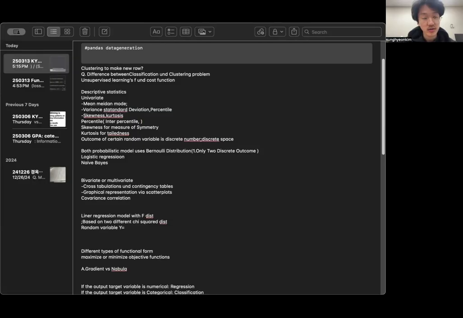And if you go to the binomial distribution, the binomial distribution is the number of successes in a sequence of n independent experiments. So it is kind of an extension of the Bernoulli distribution. The probability mass function is defined by n choose k, multiplied by p to the k and (1 minus p) to the n minus k.